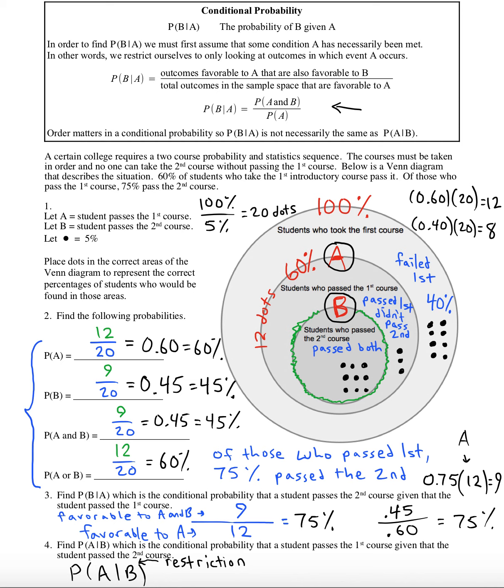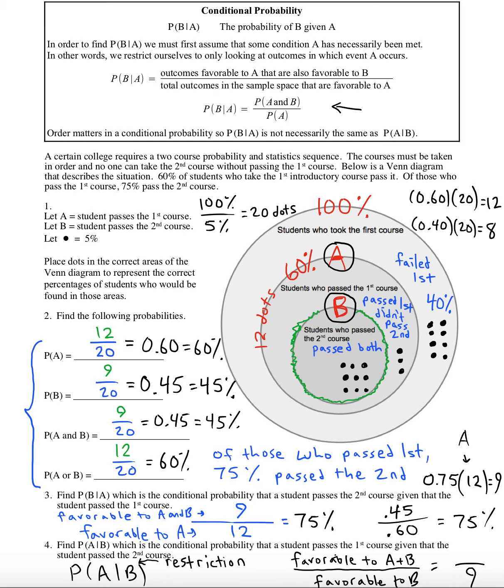Okay, now we need those that are favorable to A and B on top, divided by those that are just favorable to B. Okay, well, we know that there are 9 dots in the B bubble.